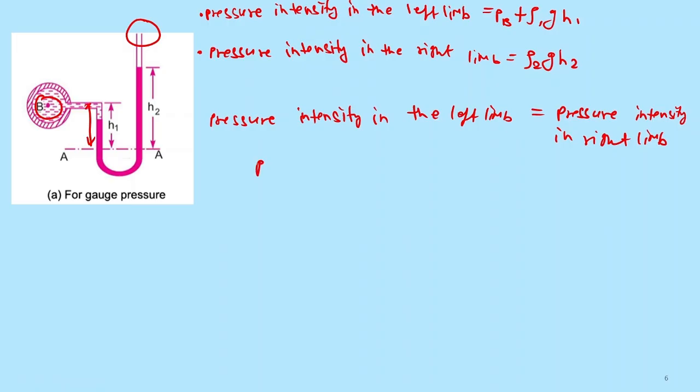So we can write PB plus rho 1 G H1 equal to rho 2 G H2. So we can write PB equal to rho 2 G H2 minus rho 1 G H1.